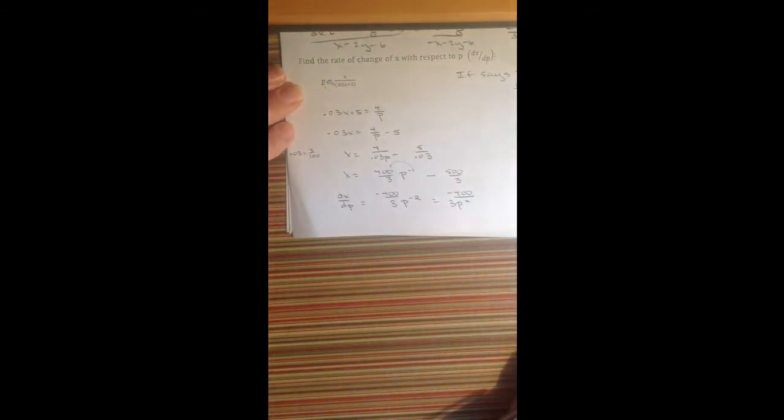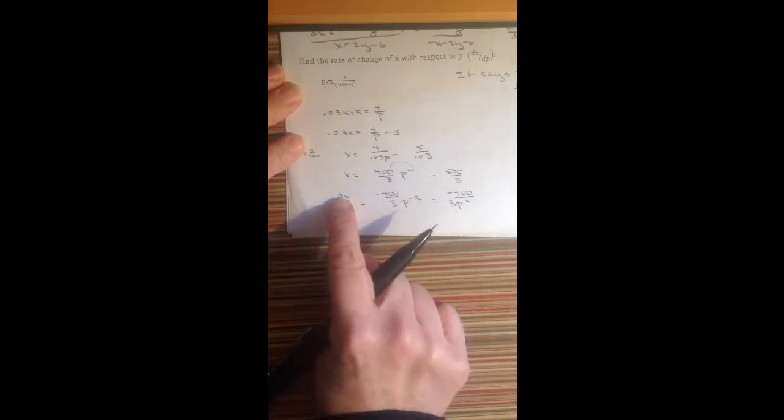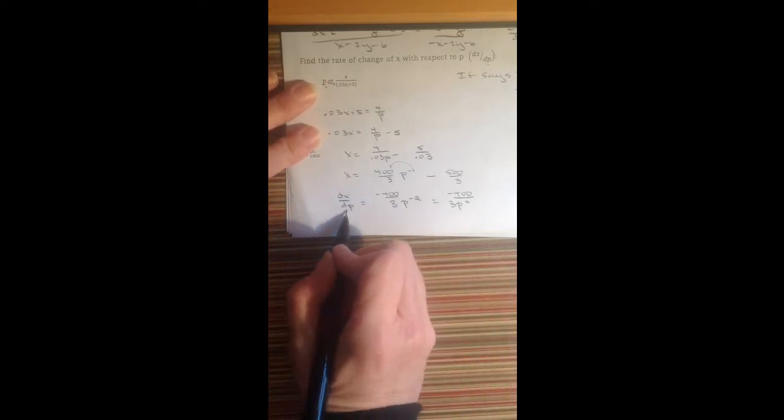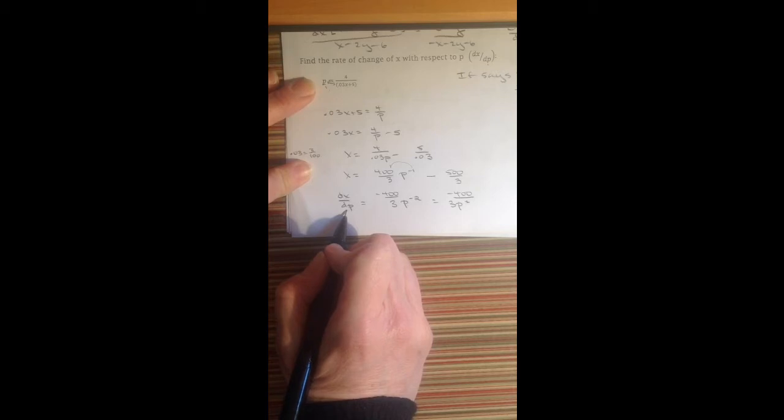Now, what does that mean? That's another thing you need to understand. The derivative of x with respect to p, this is a demand function. And derivatives represent a rate of change.